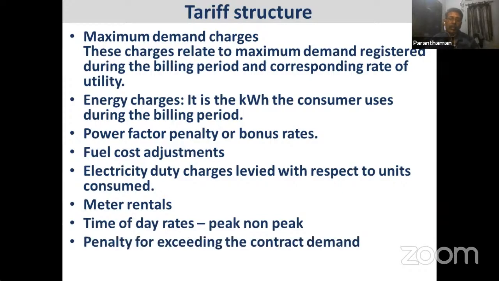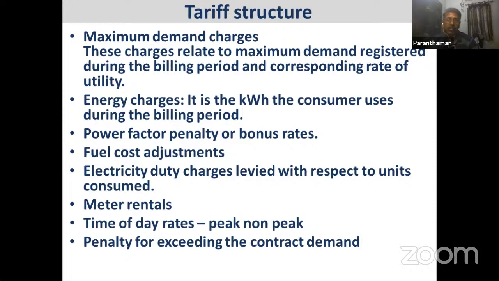Penalty for exceeding contract demand. Supposing a service is available for 100 kVA, whenever they go beyond 110 kVA or something, they will have to pay for the extra 10 kVA over 100 kVA.